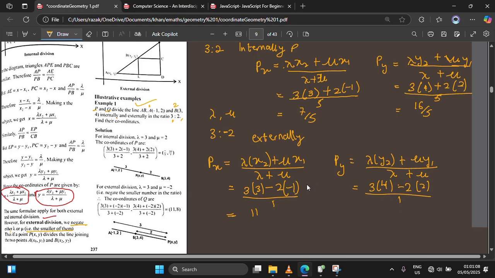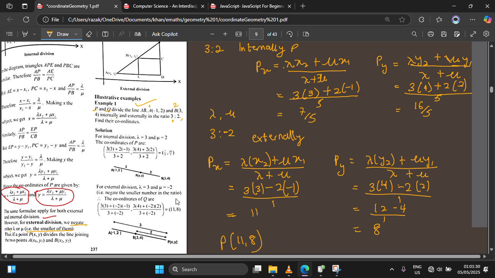It's no more 5 because the 2 is now negative, so if you add them it will be 1. So we have 12 minus 4, which is 8. So for external division, p becomes 11, 8.